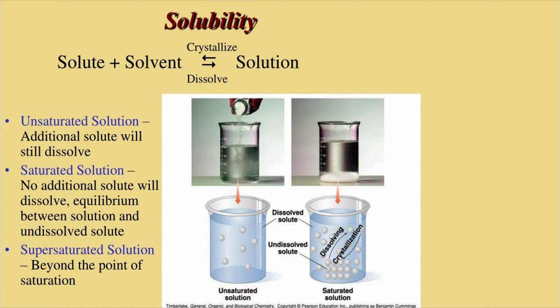Another factor that's important to understand before we start discussing Table G is saturation. When we have something that is unsaturated, okay, it means that you can continue adding solute and it will continue to dissolve, and it hasn't reached the point of saturation.